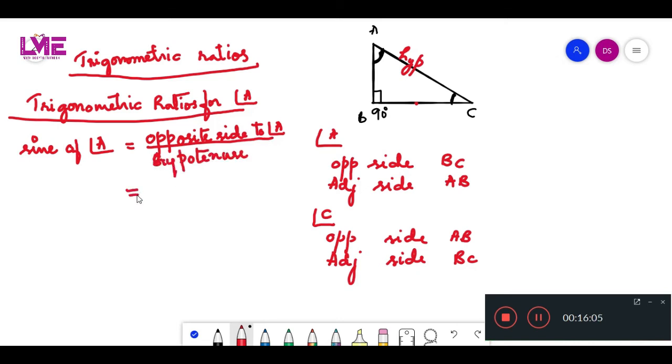So what is opposite side to angle A? It is BC divided by hypotenuse is AC. So this forms the ratio for trigonometric ratio, that is nothing but sine.